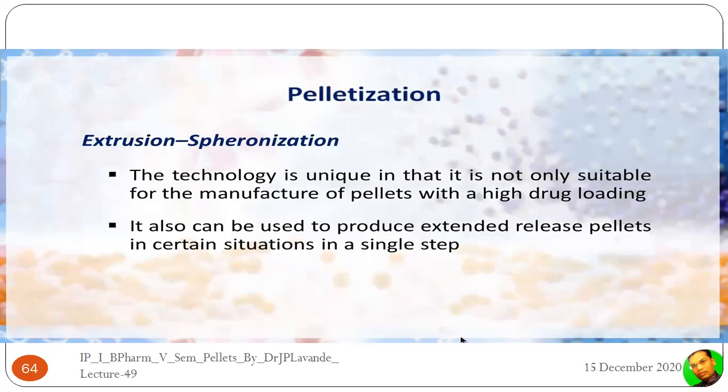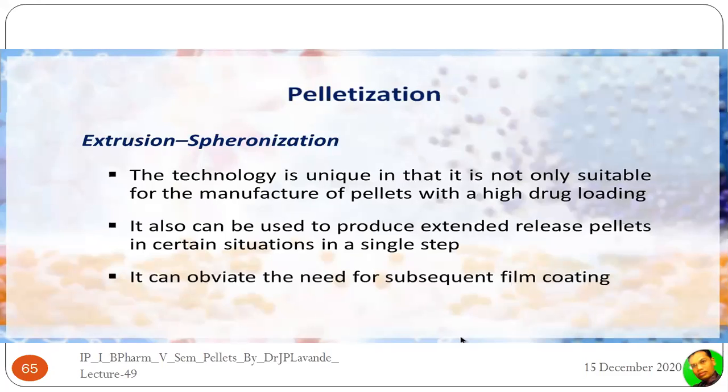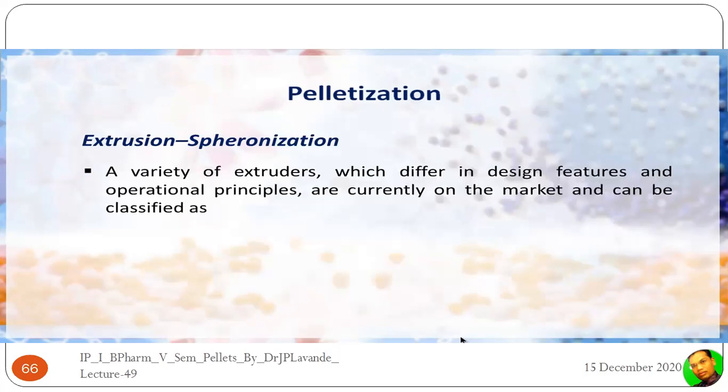As it is a single step process, it is very easy to manufacture the pellets. That is the advantage associated with that. It can obviate the need for subsequent film coating. So there is no need to go for film coating if we are going for spheronization.